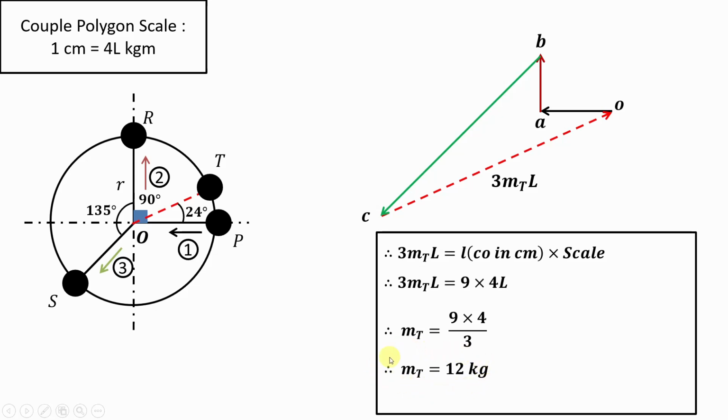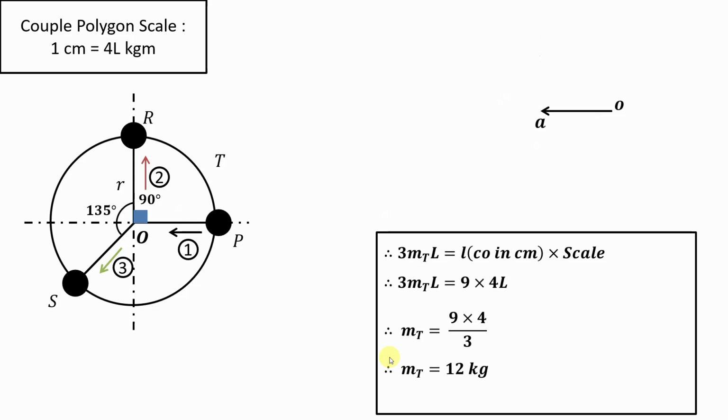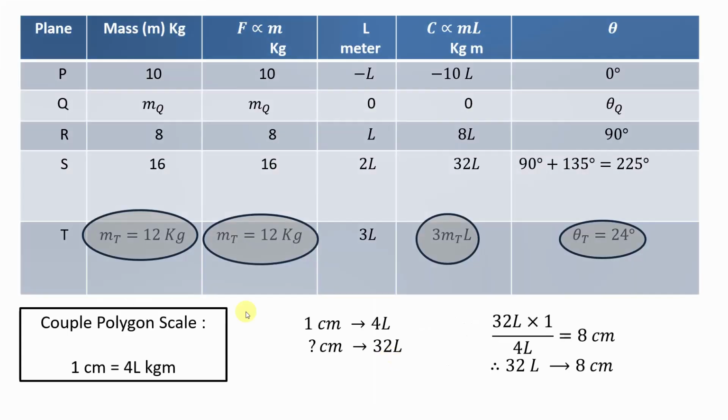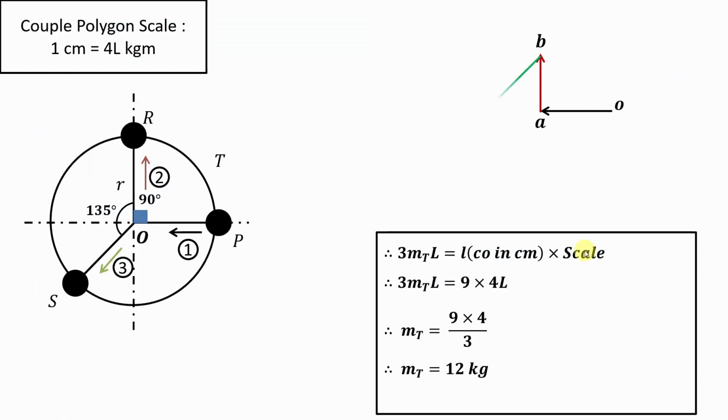Each diagram, that is couple polygon or force polygon, they will give you two unknowns always, correct? So mt is now 12 kg. So we can say that this mt now we have mentioned over here. So as it is 12 kg, force is also 12 kg, and theta t is 24 degree. So these two values are now known to us, mass and angular position of T. So this already we have seen.